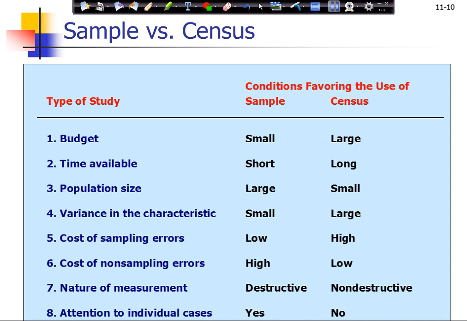But non-sampling error is usually caused by a respondent whenever he fails to give the proper response. So let me repeat. The non-sampling errors are usually caused by the inaccurate responses that are provided by the respondents.